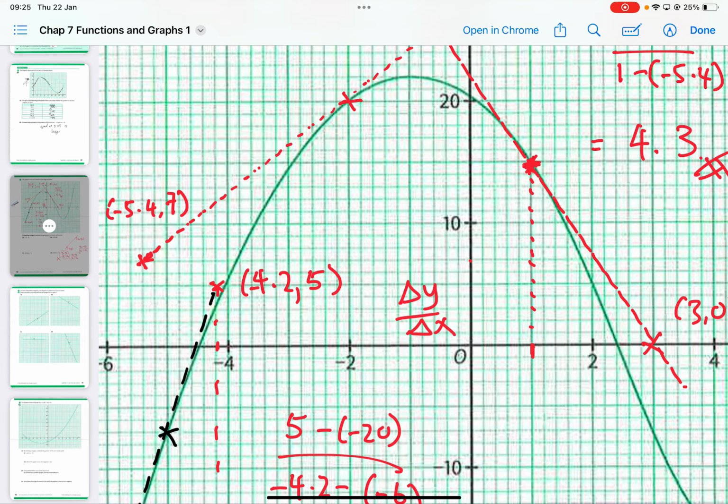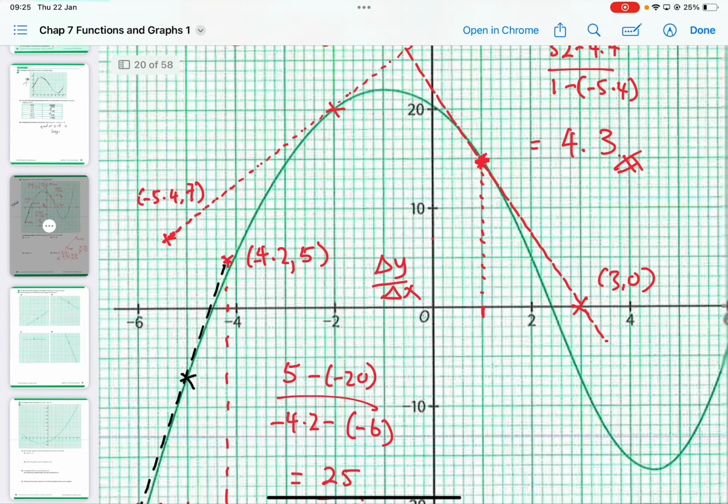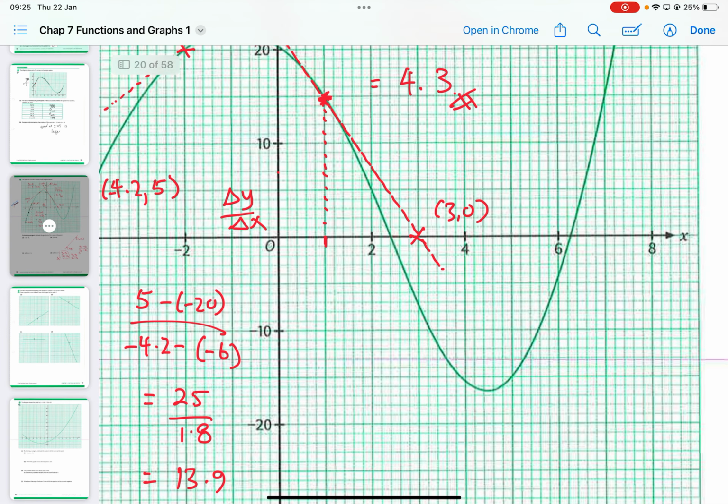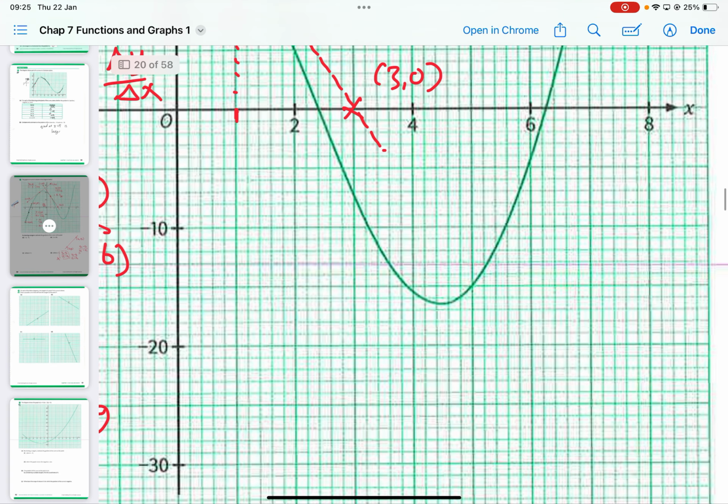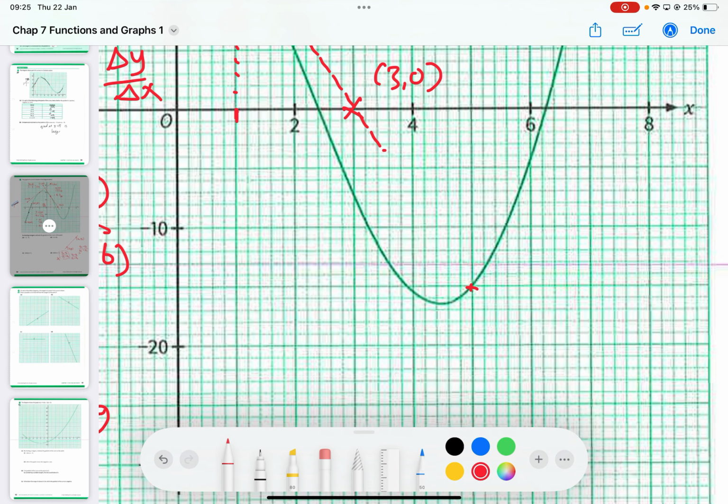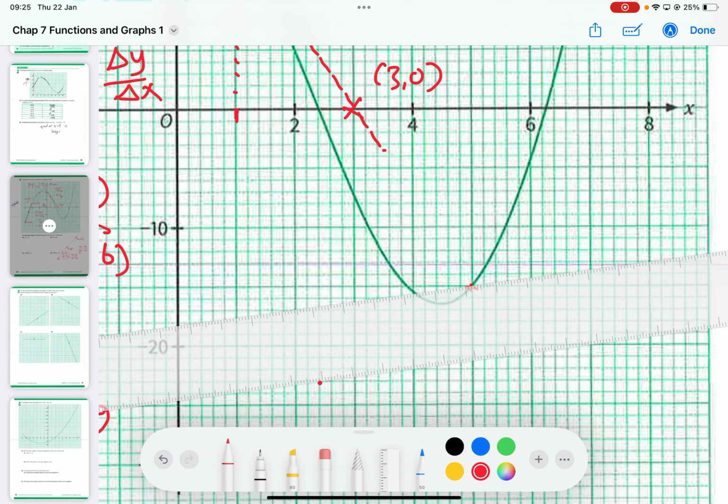Okay? Partly we spend so much time in class for you to practice because I think you all at home won't practice. So after we do that, then we find the gradient. Yes, same like you find the gradient of the straight line.